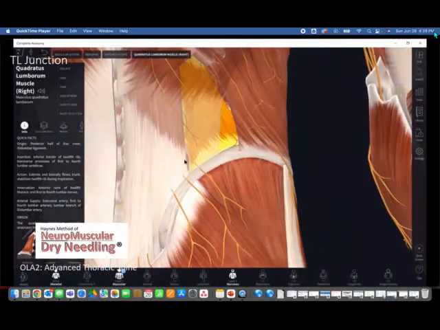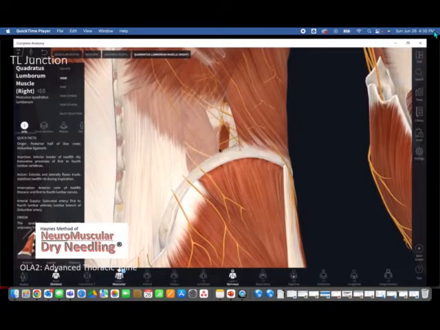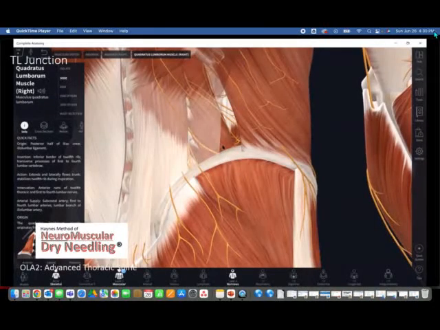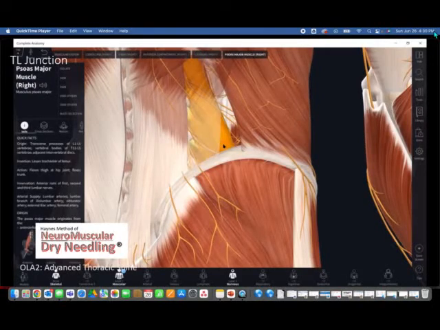If we take this lateralmost border of Iliocostalis and move further onto the iliac crest, in that window is where we can definitely have our best impact on QL. Now, if I hide that a little bit deeper, then we can see the fibers of psoas.